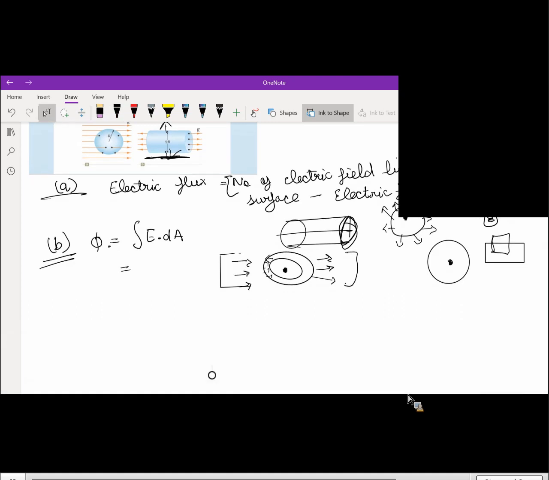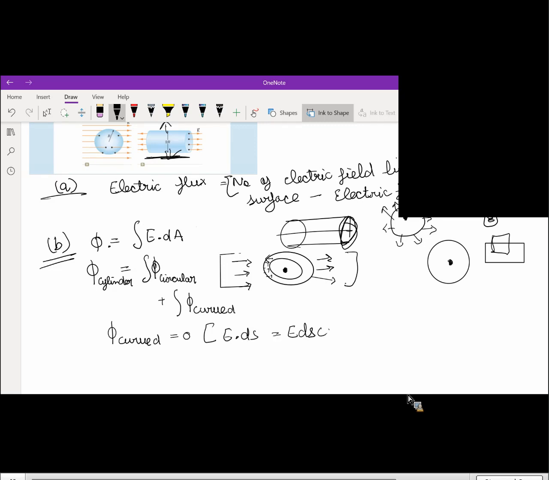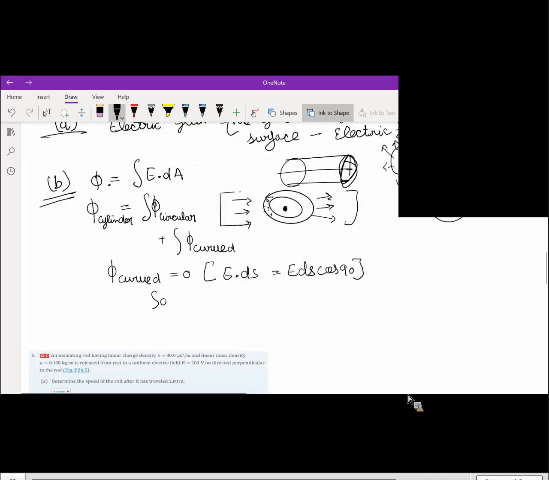That means phi cylinder can be written as phi circular surface plus phi curved surface. Phi curved is 0 because E dot dA is E dA cos 90, that is 0. So we have phi circular.